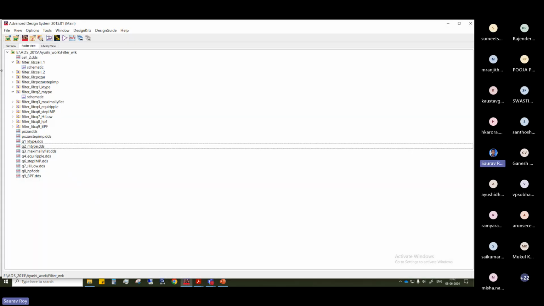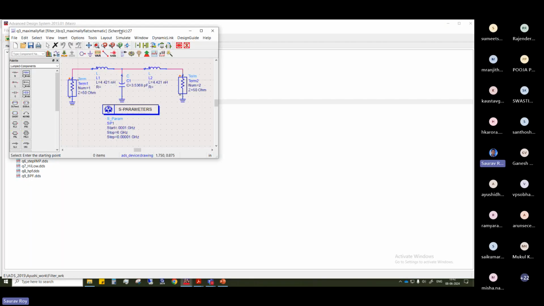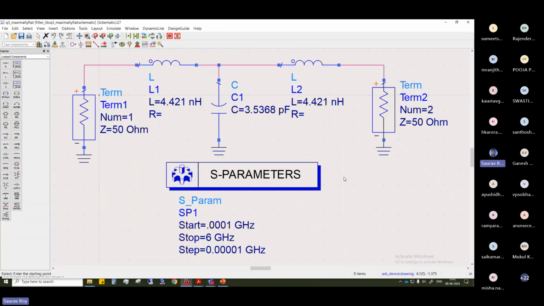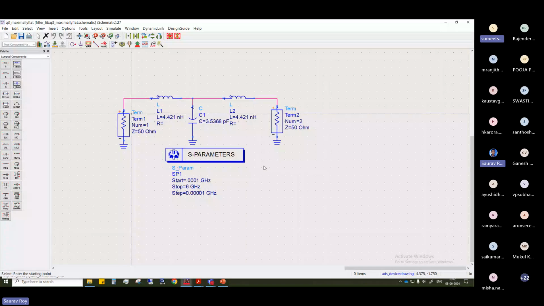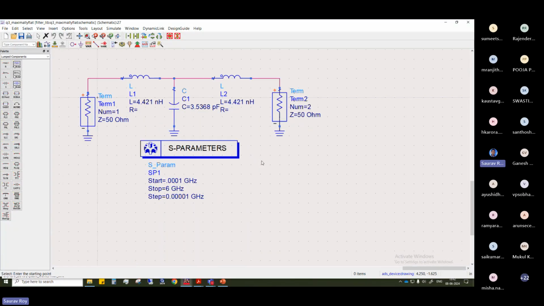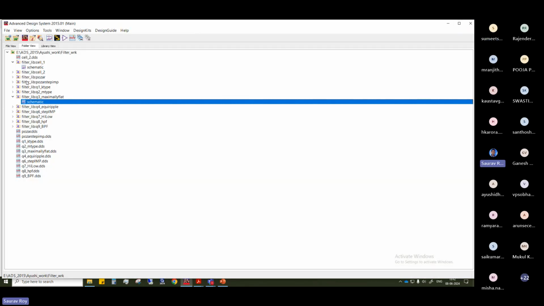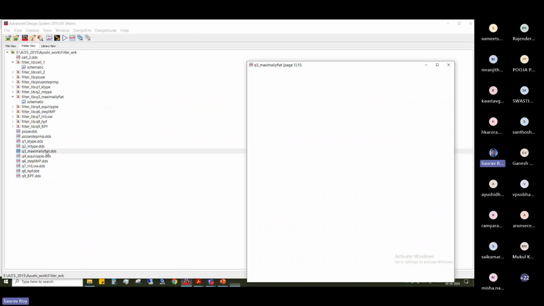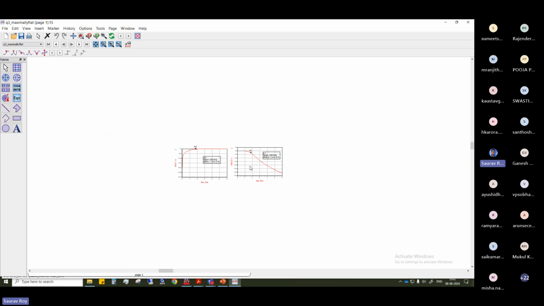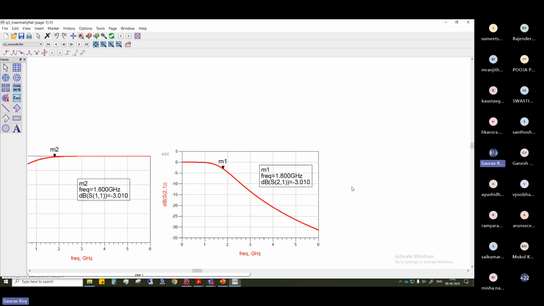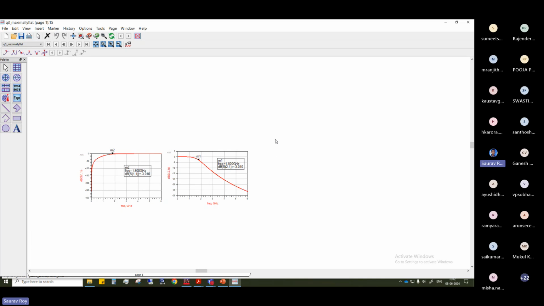So let's see here. This is a very simple third order filter where the L and C values have been calculated for a 1.8 gigahertz cutoff frequency. If you see the results, they are almost similar to the first one we have seen, the constant K type.